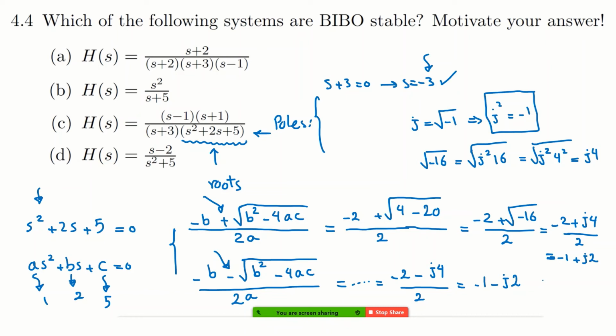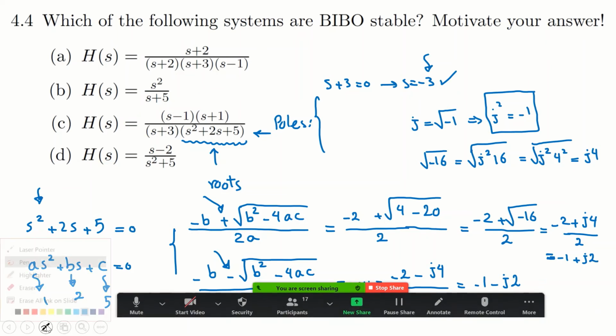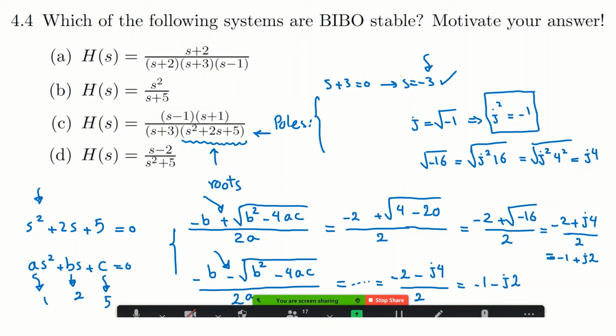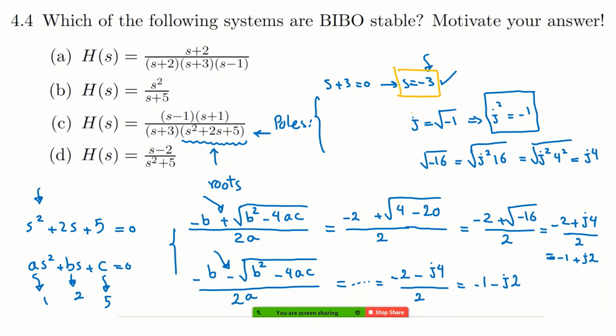So this is one of the poles we found, this is another pole, and another pole here. We have a total of 3 poles for this transfer function.